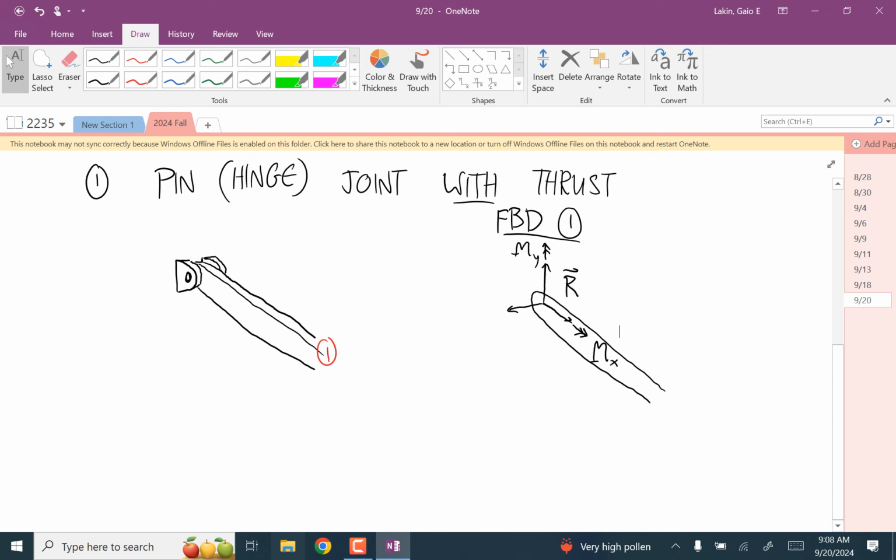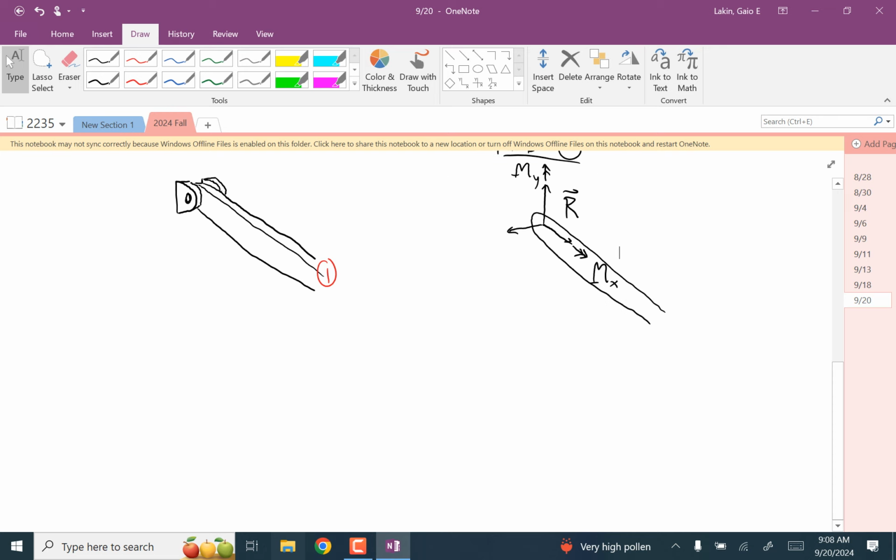And so usually in practice, this is used with another coaxial pin joint.